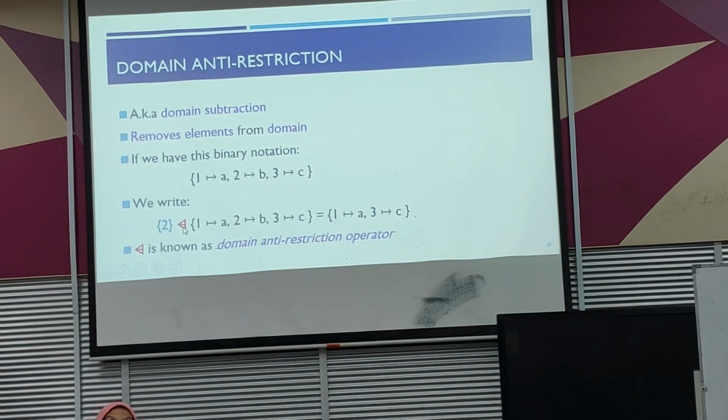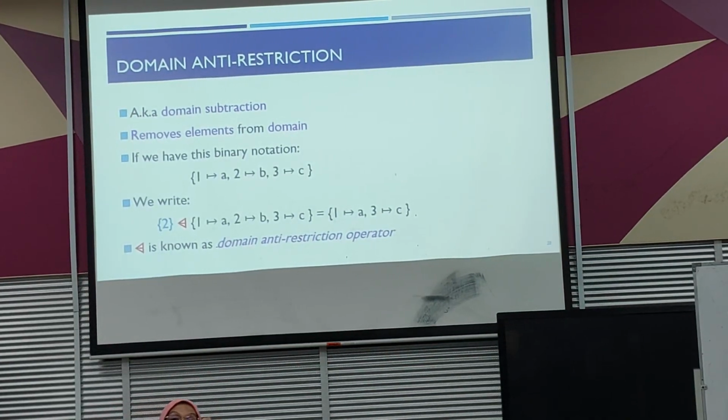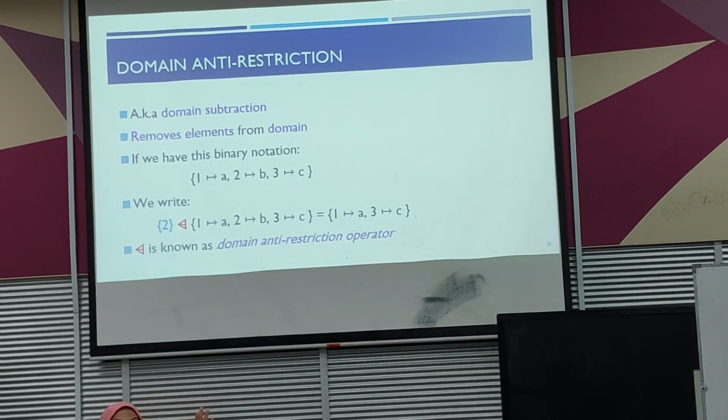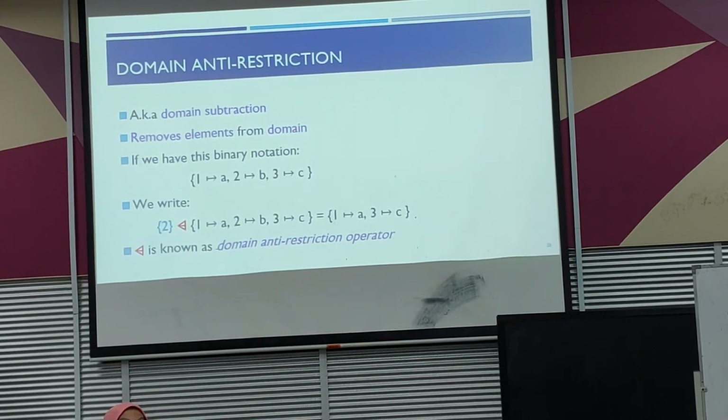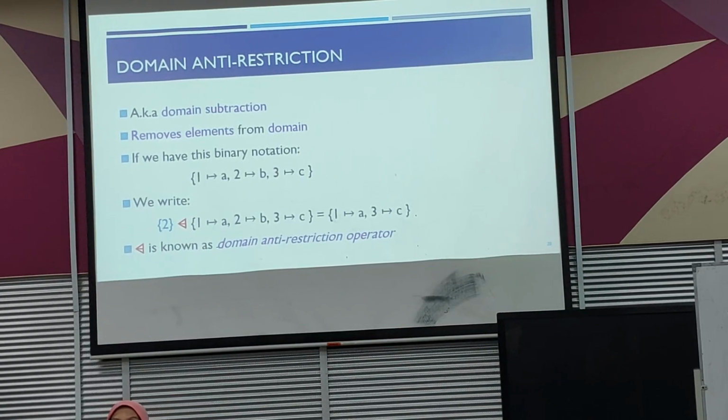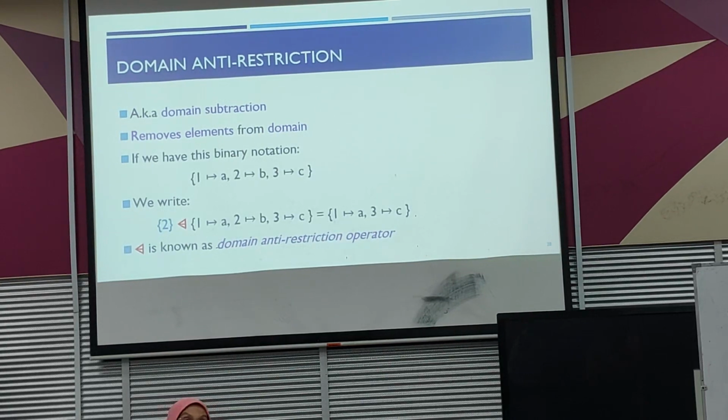Another one is, just now you search, you produce the one found, but for anti-restriction, you remove that data. You found that data, you remove it. Other than the one that you remove, those are your output. Those are your data after the update.